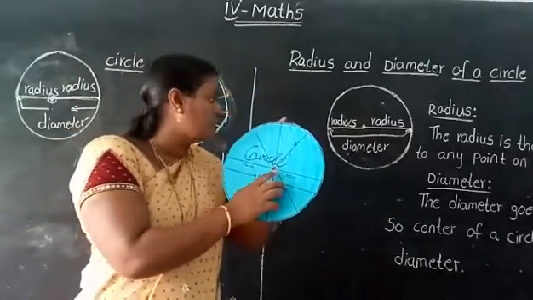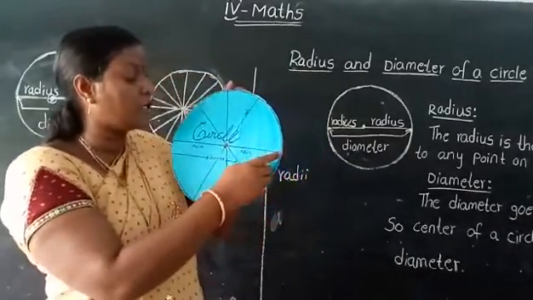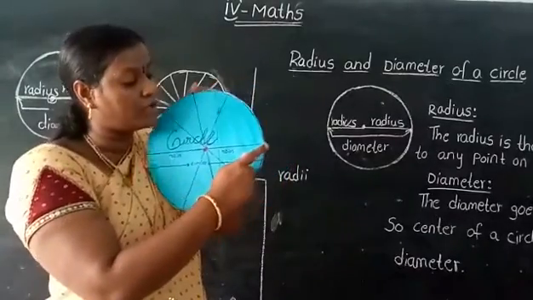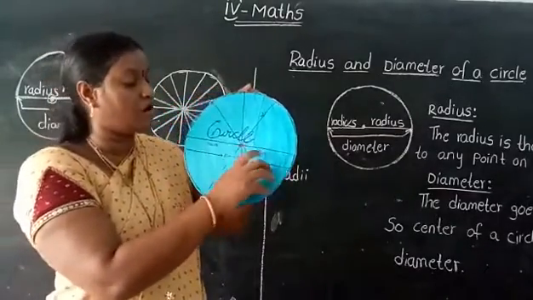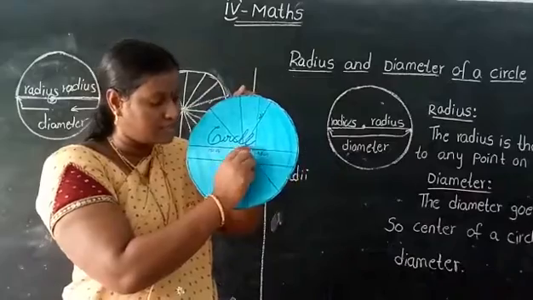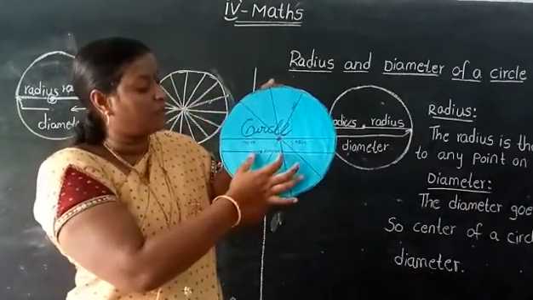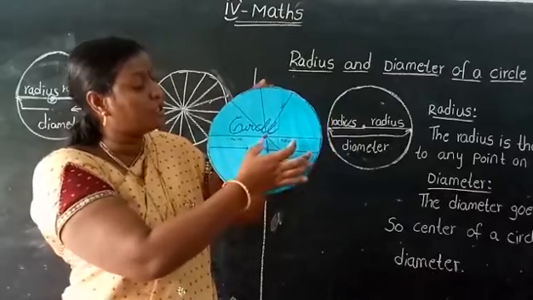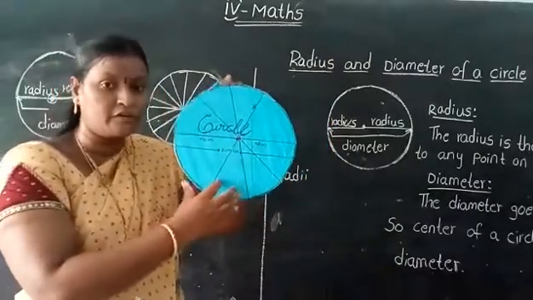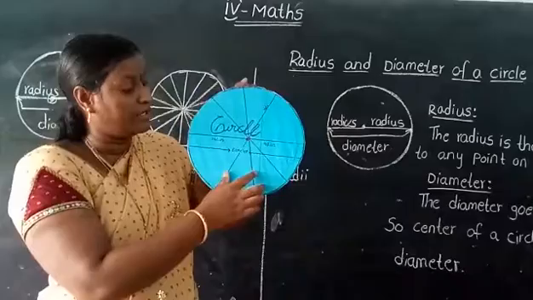What is that? The distance from the center point to any point on the circle. This is called radius and this is radius and this is one more radius. The diameter equal to 2 into radius.